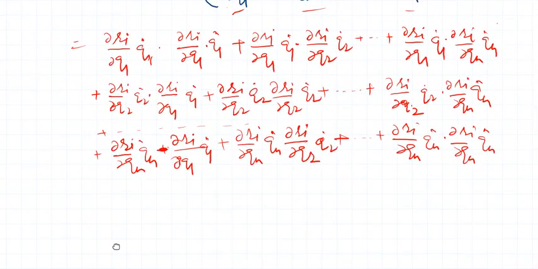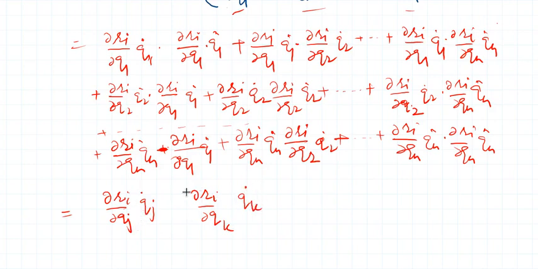In the form of summation, we can rewrite this product as ∂Ri/∂qj qj dot, and the second term is different, ∂Ri/∂qk qk dot, which gets multiplied.